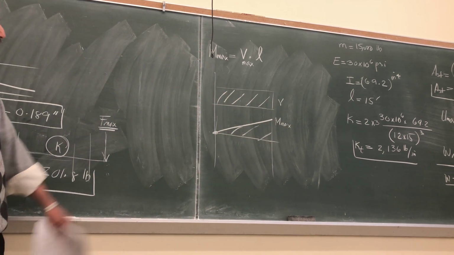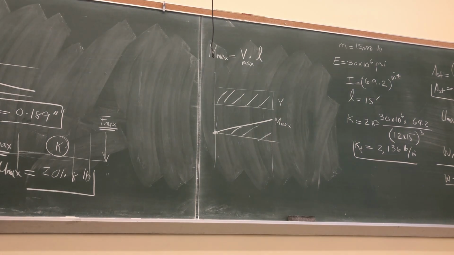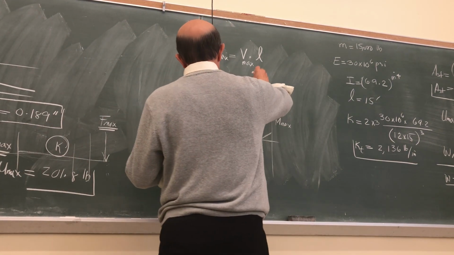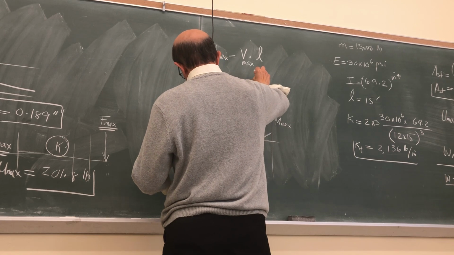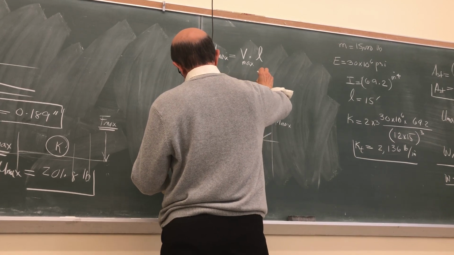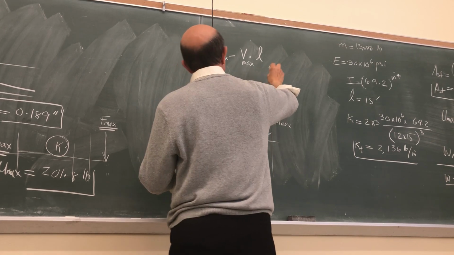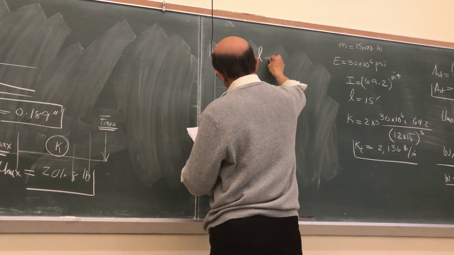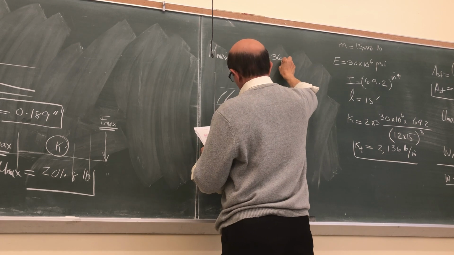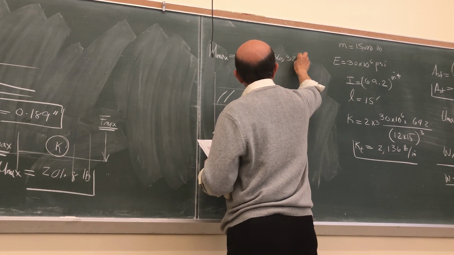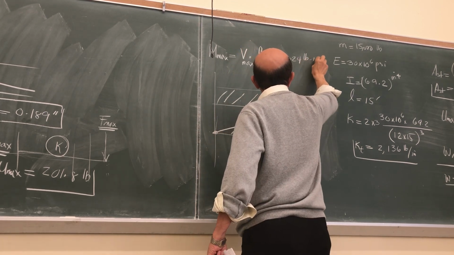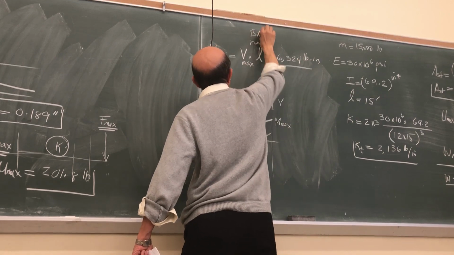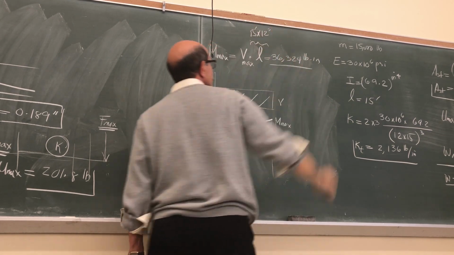So that's the moment, which is V max times L, and if you multiply it out, it comes out to be 36,324 pound inch. Length was 15 foot times 12 inches.